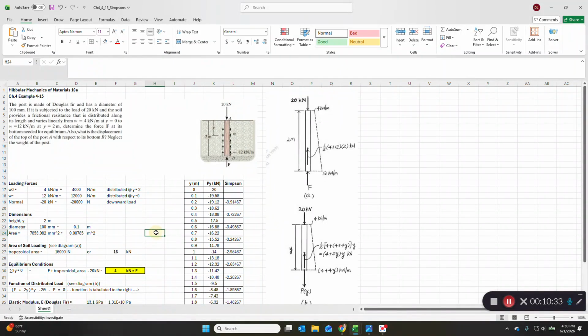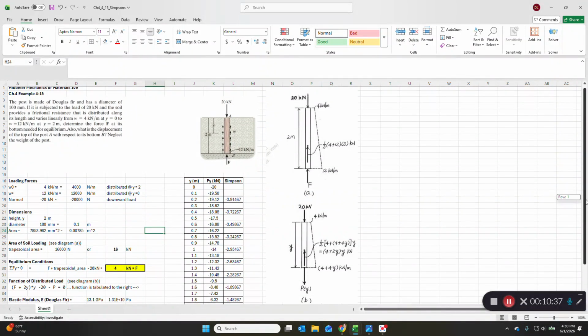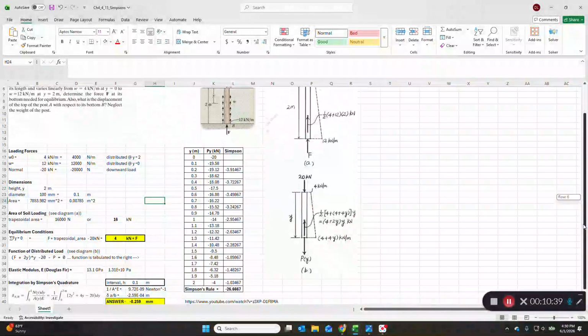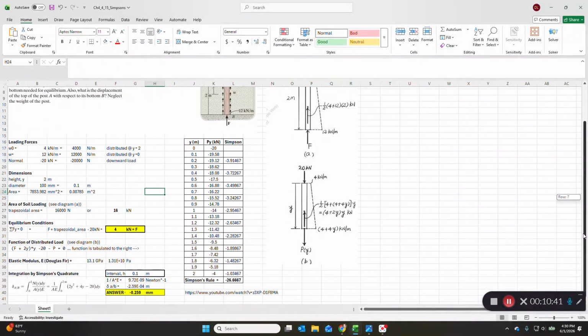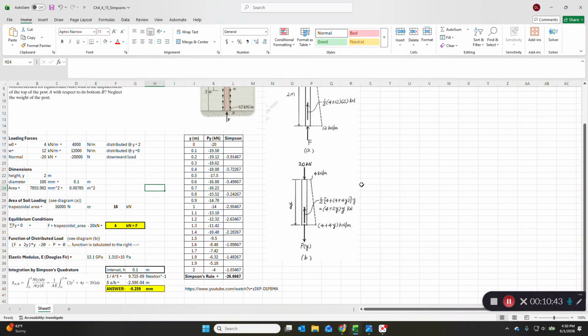Okay. All right, good. So now we need a function of this distributed load. So the function of the distributed load is based on what you see here in this second equation. And that could be calculated for any starting frictional resistance and any ending frictional resistance. And it is a function of y, the height. So this function, for this example, happens to be given as 2y squared plus 4y minus 20.